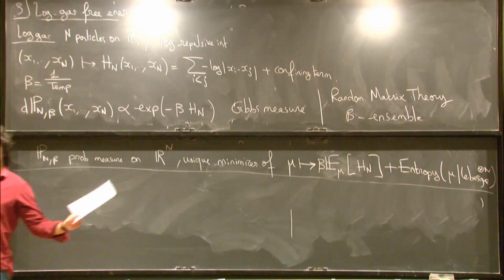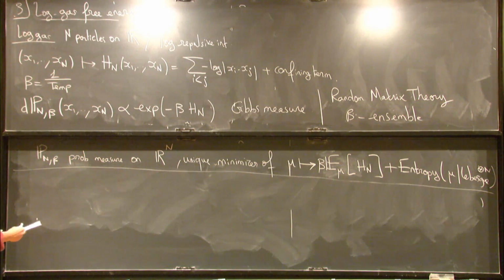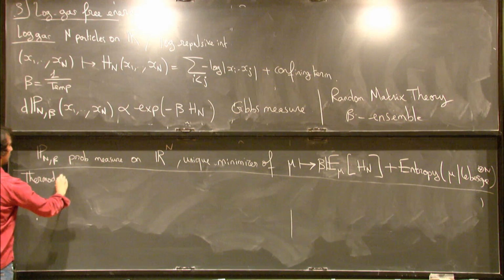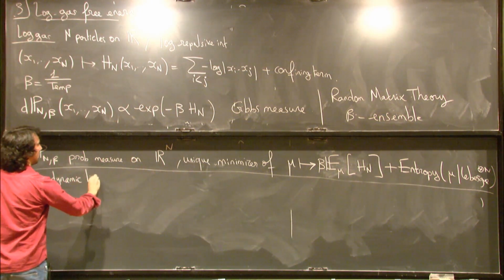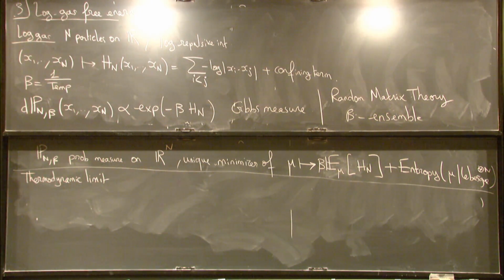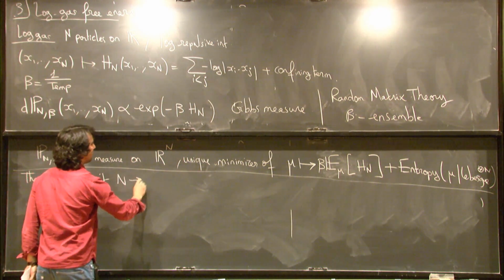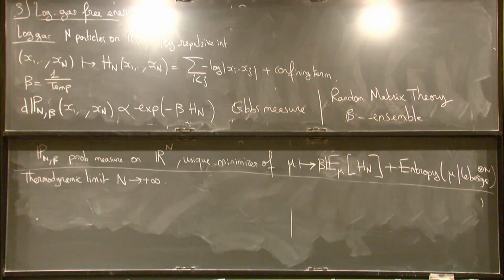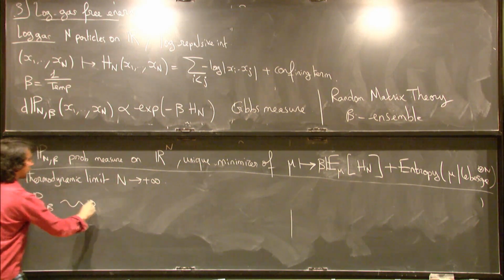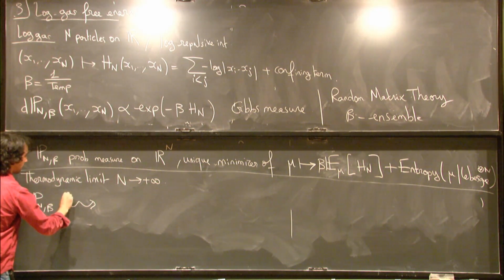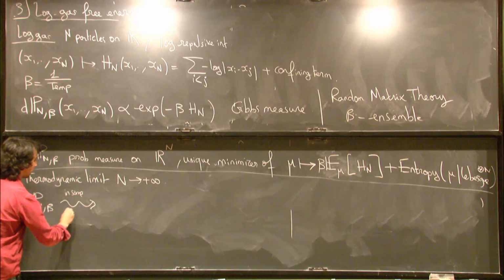So where is the point process here? Well, it's coming. In statistical physics, people like to take the thermodynamic limit, which is to send n to infinity. It's not only in statistical physics that people like to do that. So you could ask, what happens as n goes to plus infinity? There is some sort of limit. I don't want to be precise here.